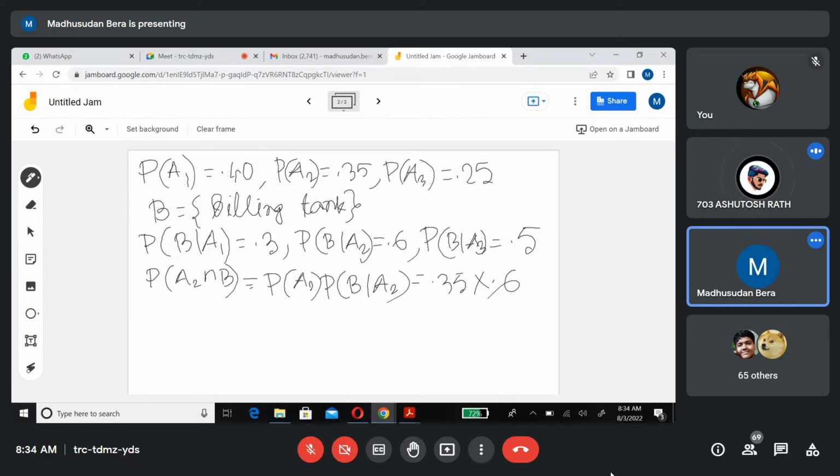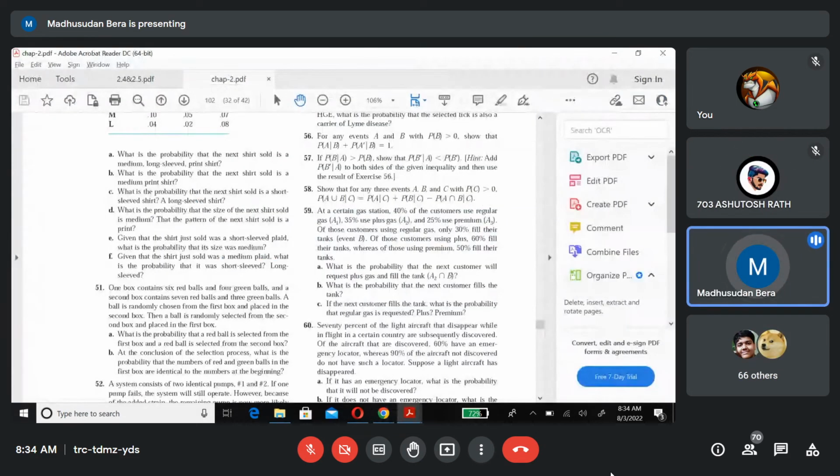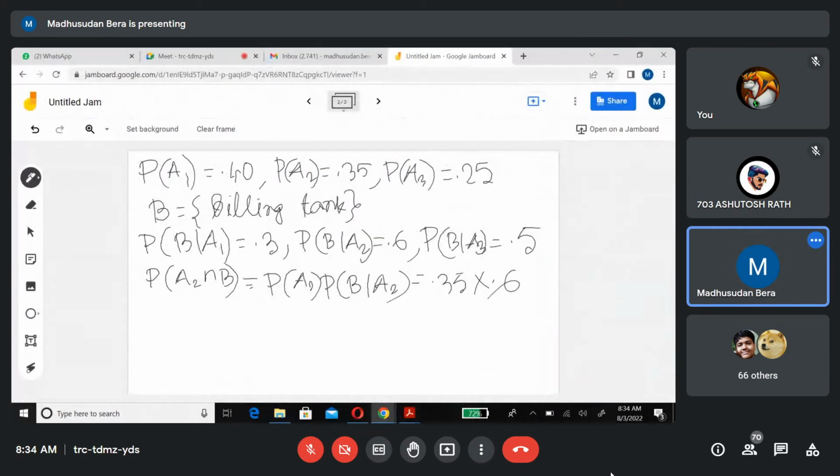Yes, sir. Now, what is the probability that the next customer fills the tank? That means we have to find the probability of B. It is not mentioned whether he is using plus gas, regular gas or premium.